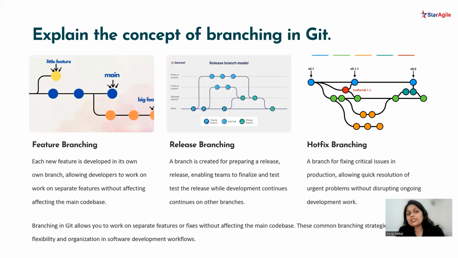Now, what is the concept of branching in Git? Branching is something you start working with from the very beginning, when you start creating or committing into a local repository. Branches allow a developer to work simultaneously on various tasks at the same time. In real time, a person may be working on various activities like development or testing activities, or activities related to release, or activities related to fixing issues.